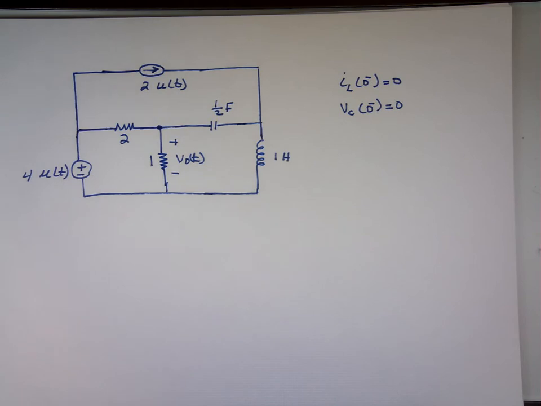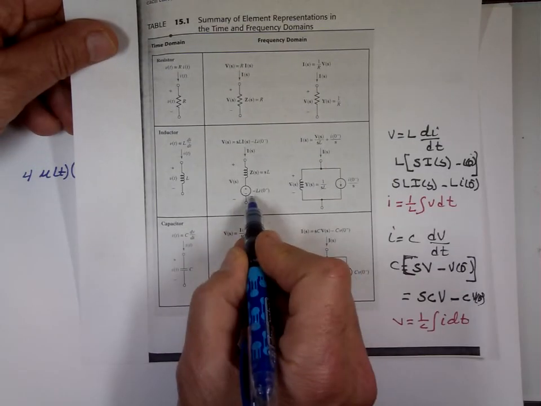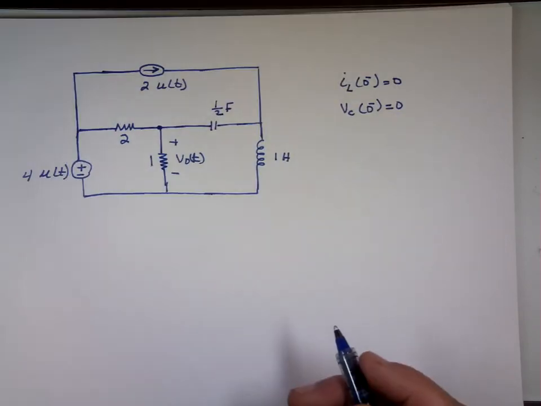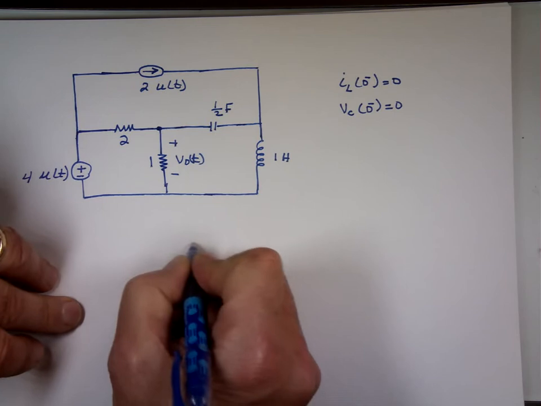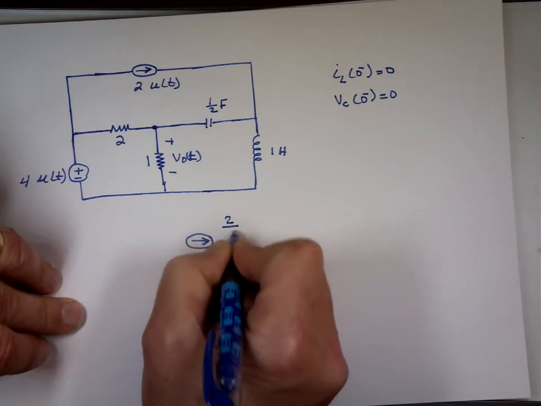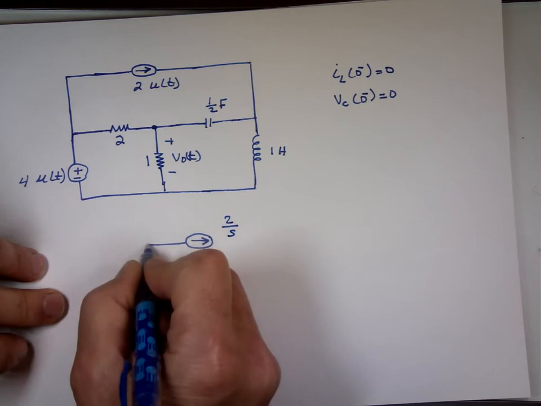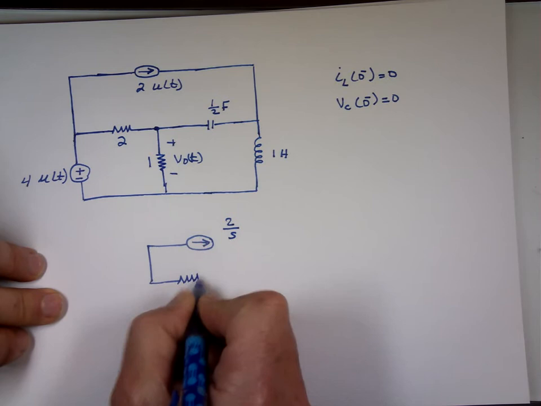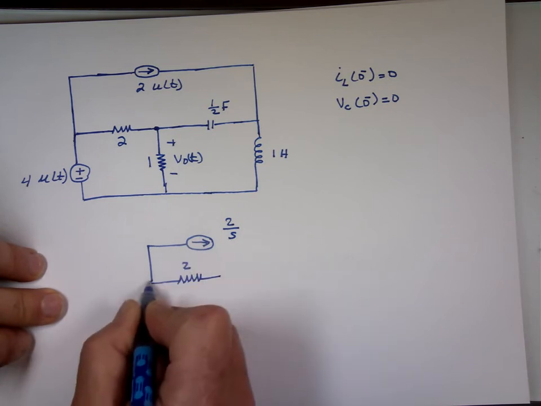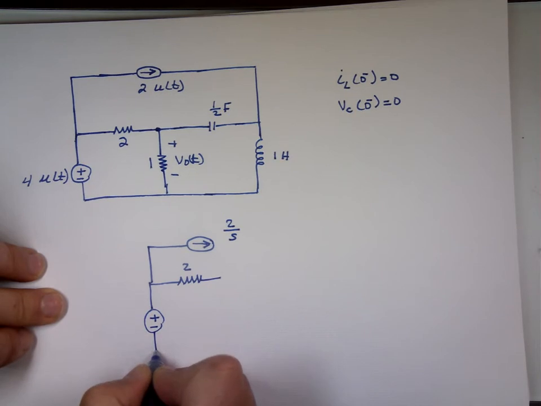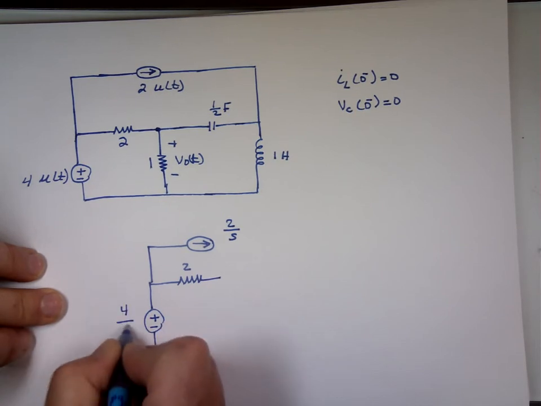It's coming up. So my initial condition is 0, so I can drop these out. So here we go. This will be 2 over S. The resistor stays the same. The source is going to be changed to 4 over S. Is this a resistor?